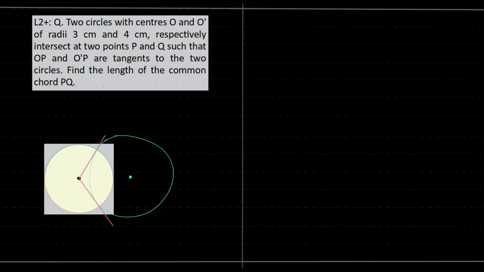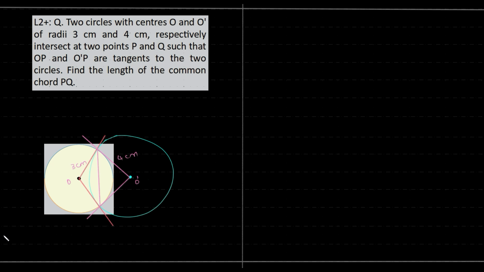So we have the first tangent, the second tangent. This would be O and this would be O dash. This is 4 centimeter, this is 3 centimeter. I have to find the length of the common chord. This would be your common chord.